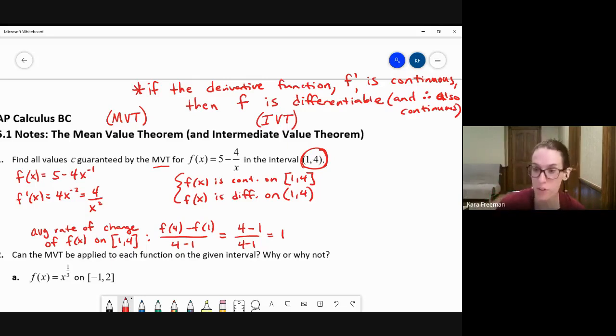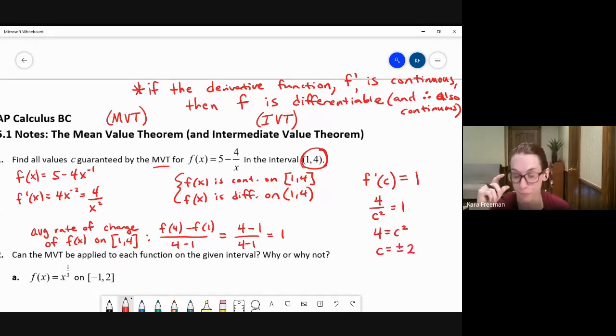Since my derivative function is 4 over x squared, we say f prime of c equals 1. That's the whole goal with the mean value theorem. I want f prime of c to equal the slope of my secant line. So we plug c into my derivative function and solve. So c gives me values of plus or minus 2.